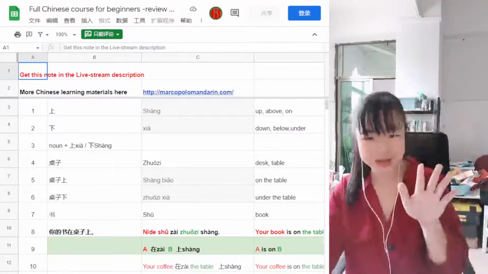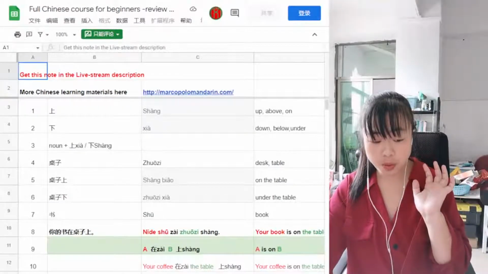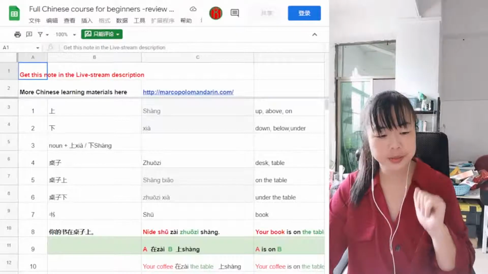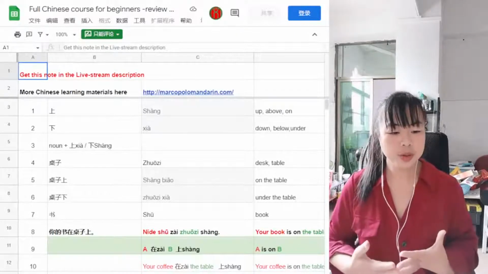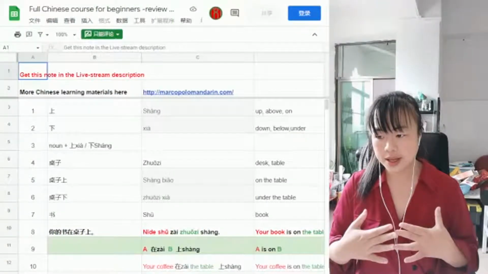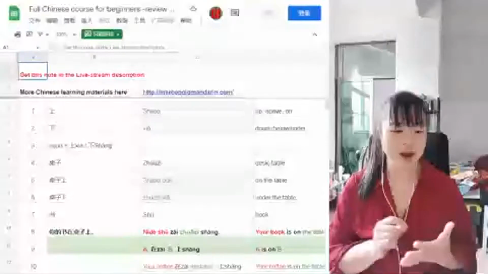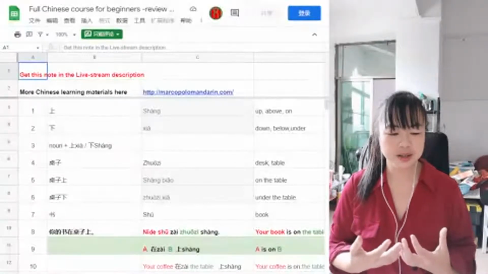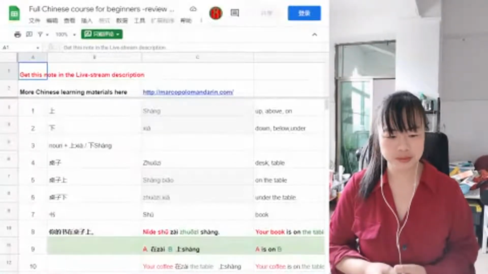You can replace with any other words. Here we focus more on practicing the pattern, okay? So now it's your turn. You can take 10 to 20 seconds, a piece of paper, to write this sentence first. And later, I can tell you.